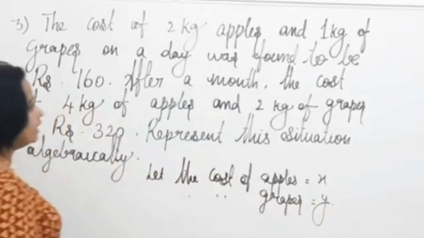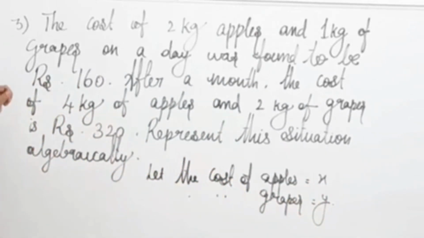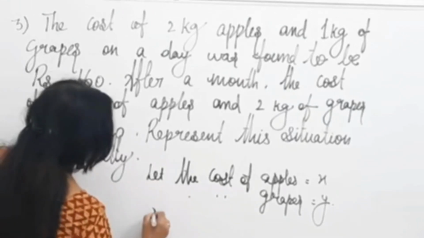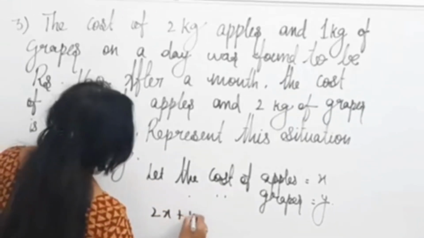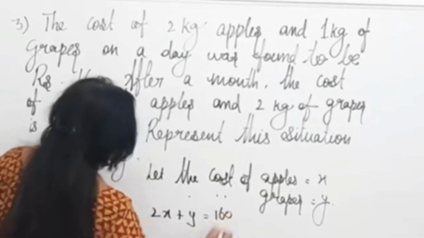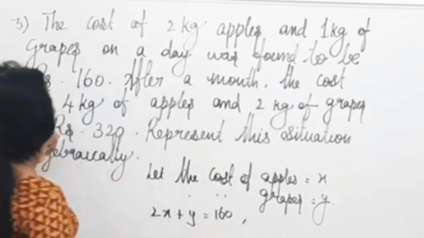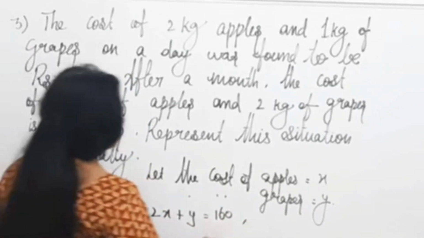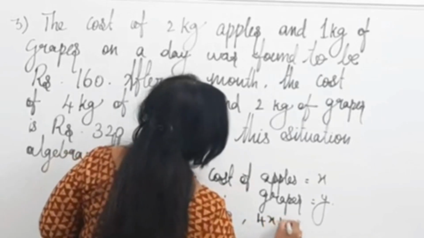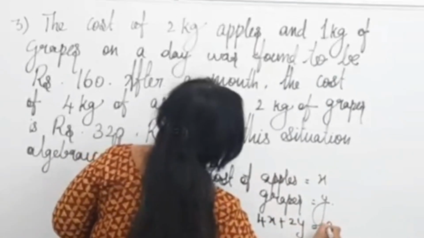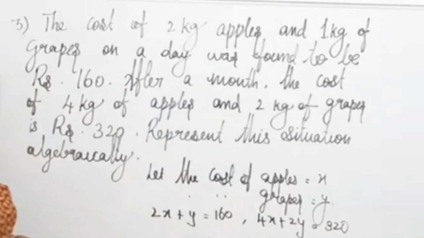So by the given condition, I can have 2x plus y is equal to 160 and the next equation 4x plus 2y is equal to 320. So I got my equations.